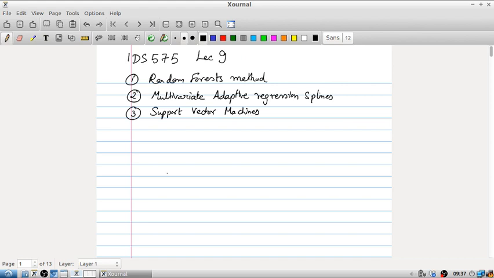Now all these methods have very exotic and interesting names. So we'll try to understand why each method has certain phrases in their names.